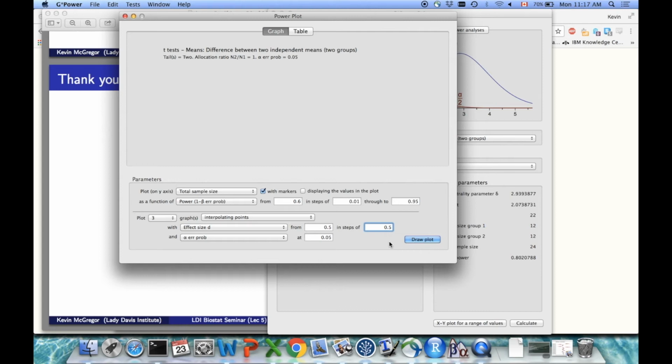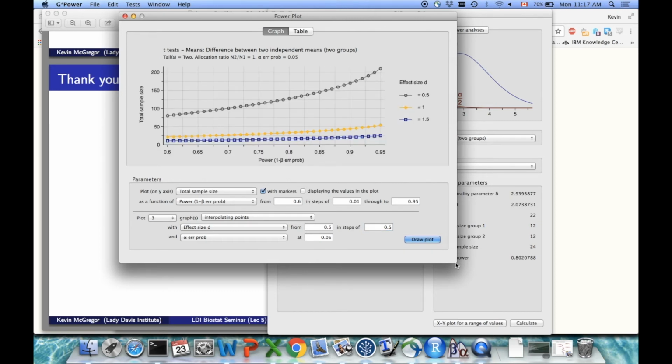So that's going to be the same thing as we saw in the lecture where we saw 0.5, 1, and 1.5 as the 3 effect sizes that we consider. And so I'll leave my alpha error probability as just 0.05. And so if you draw the plot, it'll just automatically give you this very nice plot with a separate curve for the 3 effect sizes and our power on the horizontal and our total sample size on the vertical.